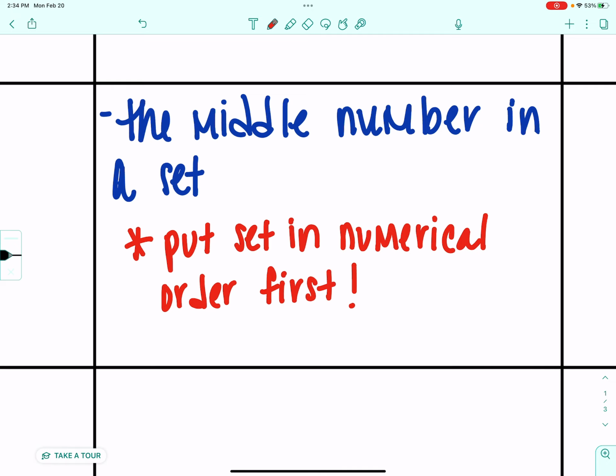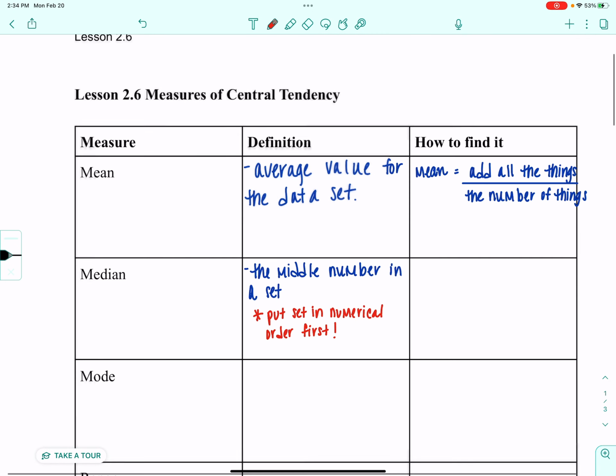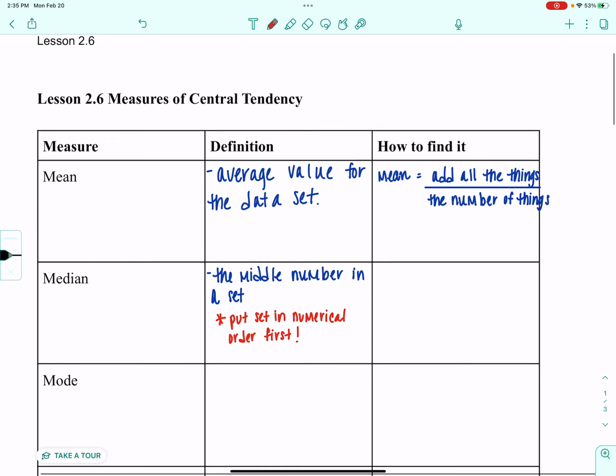If you don't put your data in numerical order first, it'll never work. And there's two possibilities with the median. You could have a set with an odd number of data points in it. You could have a set with an even number of data points in it. And we will take a look at what to do in both cases.